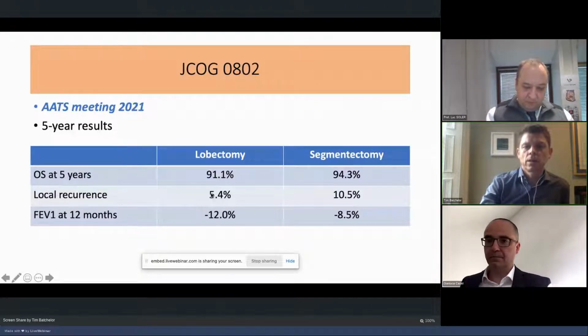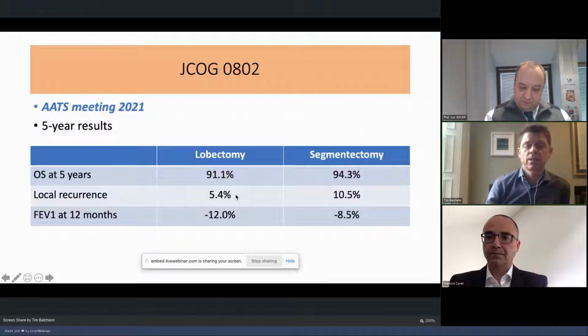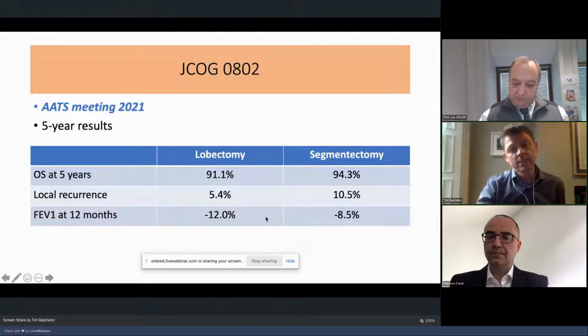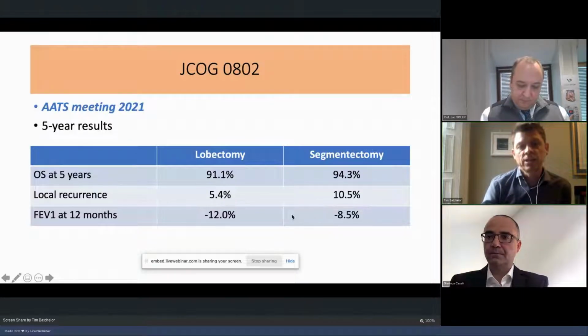But what we did see in the segmentectomy group was greater local recurrence, 10% versus 5% in the lobectomy group. Although disease-free survival, or recurrence-free survival, was the same in both groups. And lung function was better preserved in the segmentectomy group than the lobectomy group. So this was significantly different, but you have to ask, is a 3.5% difference actually of any clinically meaningful value?